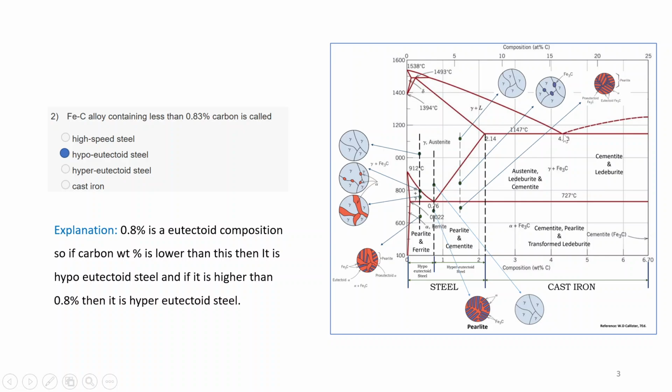So this gap should be the smallest, then it is more likely to have high fluidity. So if this fluidity is high, then it will be forming very complex shapes easily. So these eutectic type of structures are, that's why, used in making very highly finished castings. This is also the case for some tin alloys as well.